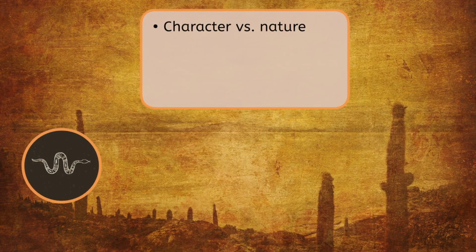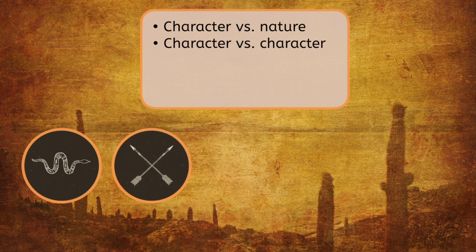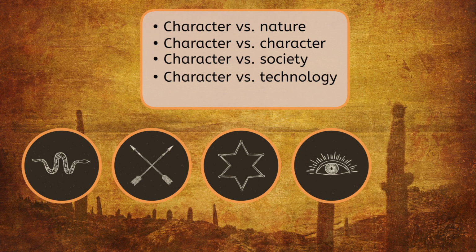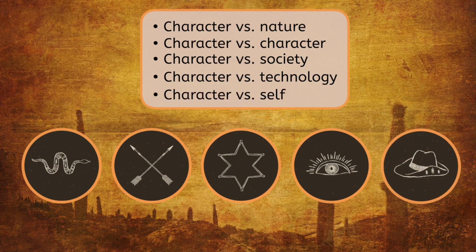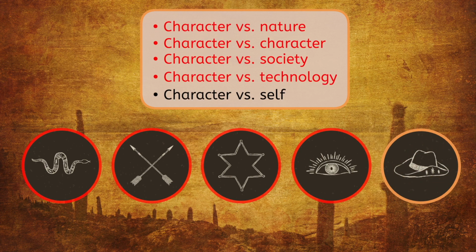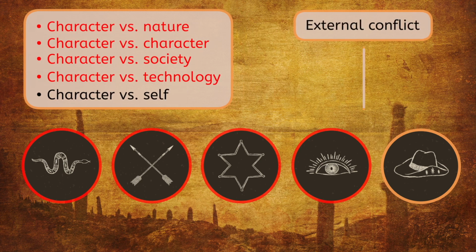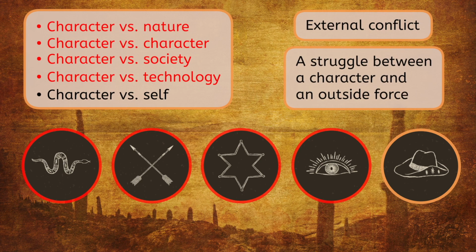Character versus nature, character versus character, character versus society, character versus technology, and character versus self. The first 4 types of conflict, nature, character, society, and technology, are external conflicts, which means the conflict occurs between a character and an outside force.